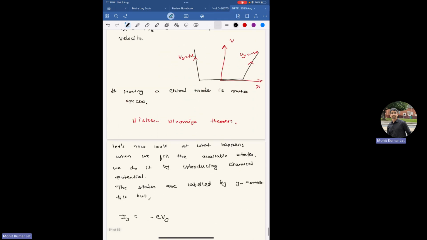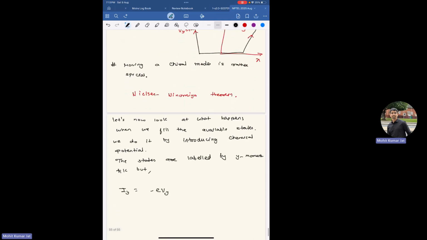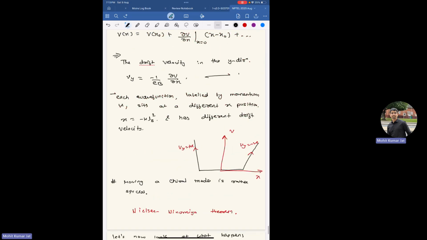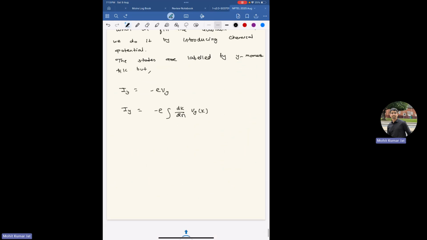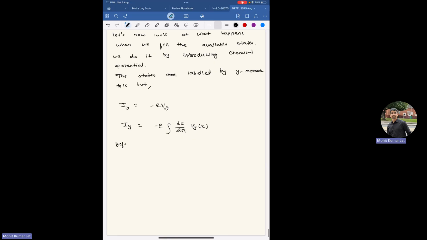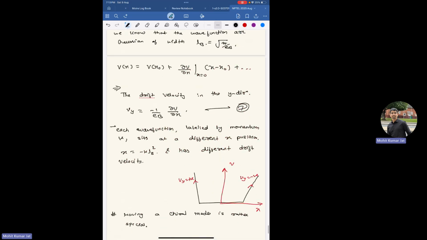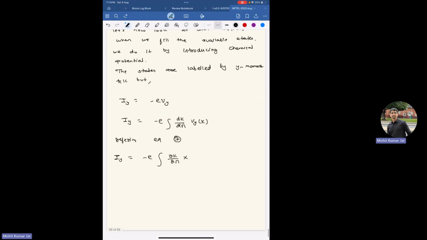If you write it out, it will go like minus E summation over delta k by 2 pi over the Brillouin zone, and then Vy of k. Referring to equation 7, Iy is minus E delta k by 2 pi times Vy(k), which is essentially 1 by h bar del V by del x.